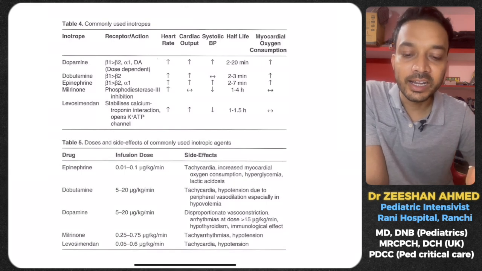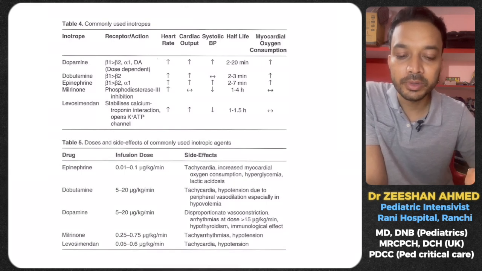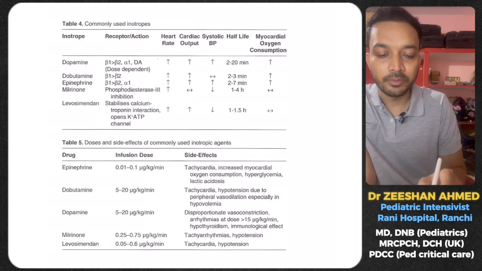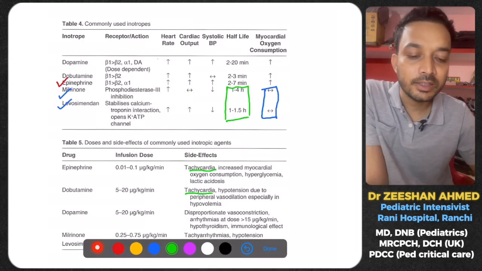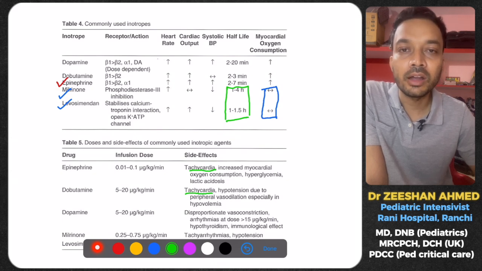Again, we should know the side effects of all these commonly used inotropic agents. Agents like epinephrine, dopamine, dobutamine, they all lead to tachycardia. And what tachycardia does, it increases the myocardial oxygen consumption and it does not allow the heart to go into diastole effectively.